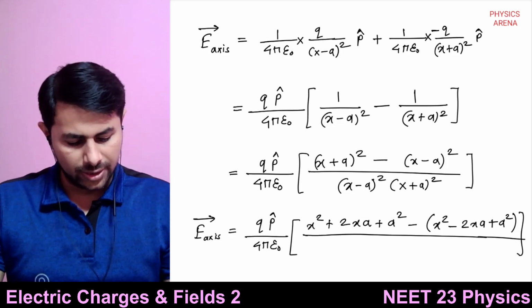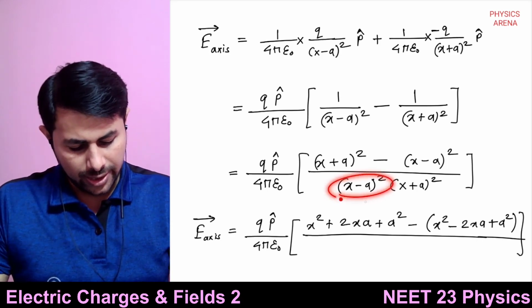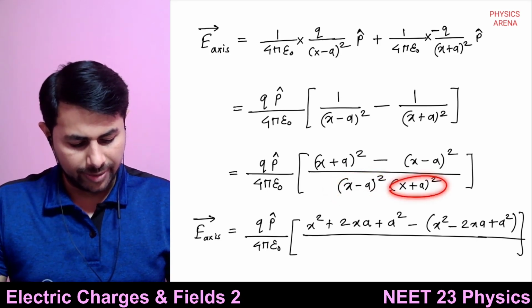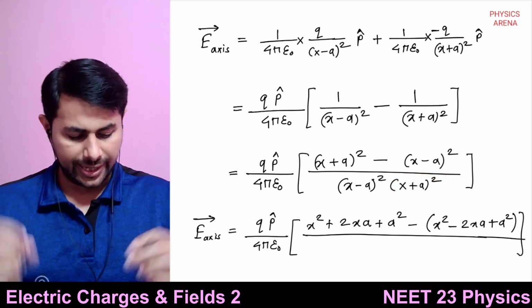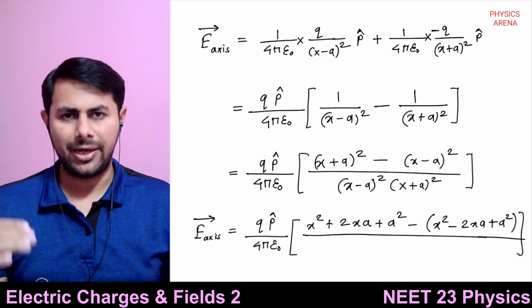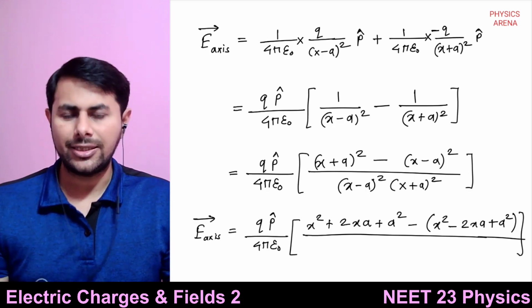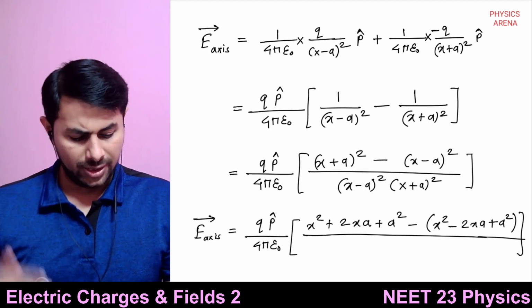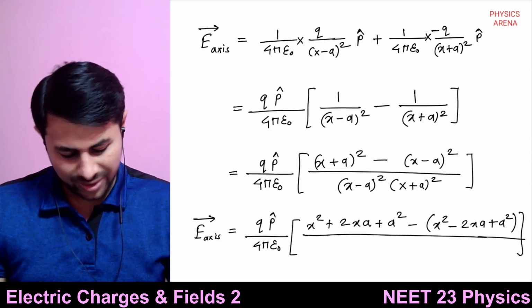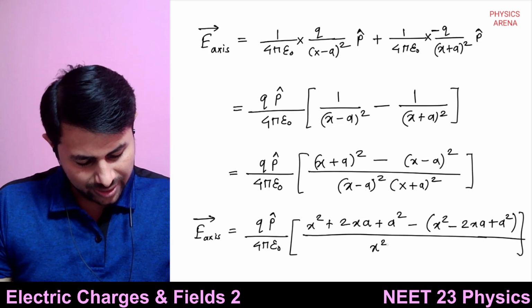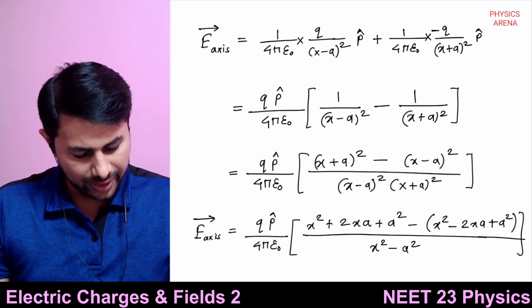Okay, and in denominator we have x minus a square multiplied by x plus a square. We can say it is square of x minus a multiplied by x plus a. And what is x minus a multiplied by x plus a? It is x square minus a square.